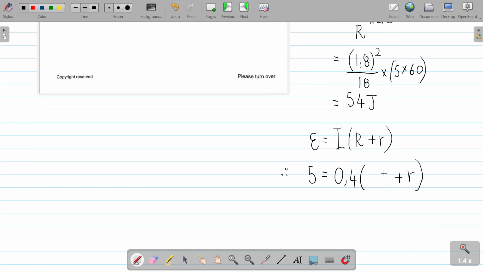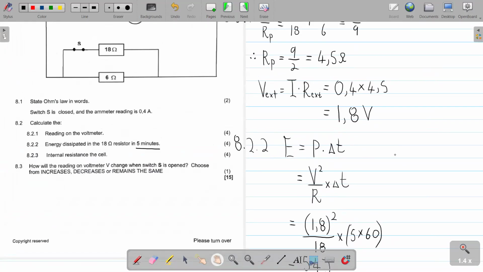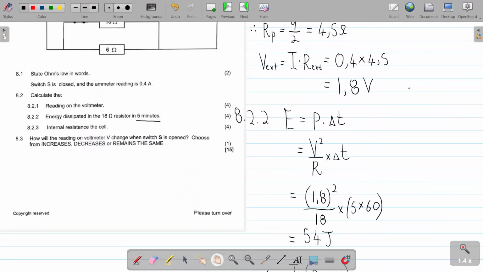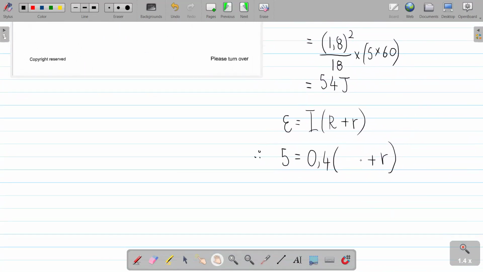The R that we have here is the one that we calculated, the one that we found from the parallel connection. So it's 4.5. Okay. So then we have 4.5 here. And then we can make r the subject, isn't it? So, okay, we divide by 0.4.